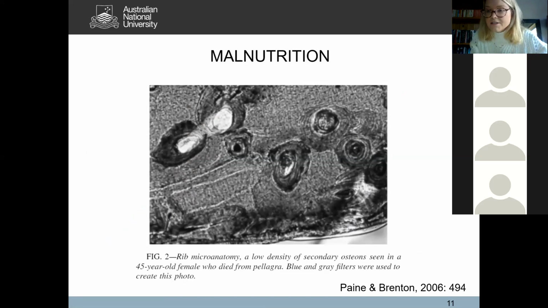But here, when you look at the sample, it almost looks like it's from a young individual, which is what we looked at last week: you have a lot of primary bone and then just some isolated secondary osteons here and there. But this is actually a sample from an individual who's 45 years old, who had suffered from pellagra. So they were severely malnourished. That could help you test your hypothesis if you have a hypothesis like that.